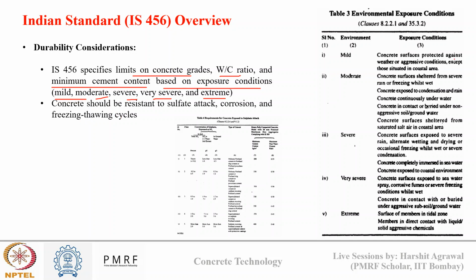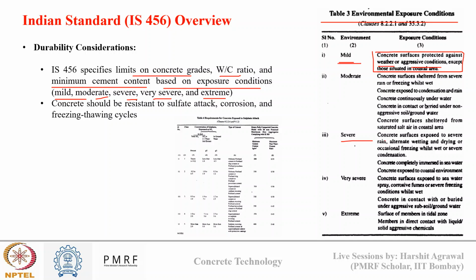As you can see here in table 3, which is titled environmental exposure condition, this is used to set a classification of exposure environment based on the condition. Like we say, exposure is mild when concrete surface is protected against weather and aggressive condition except those situated in coastal areas. So when this is the exposure environment, we say that the environment is mild.